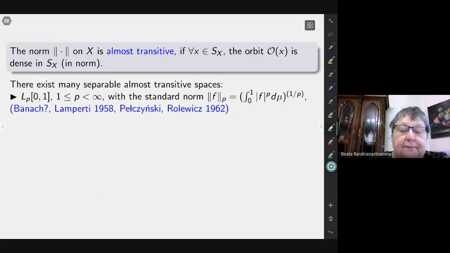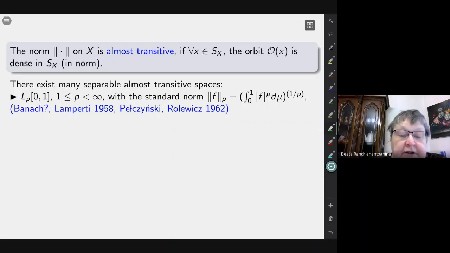So here is the reminder of what I mean by almost transitive. And here are some examples of separable almost transitive spaces. These examples are standard spaces.